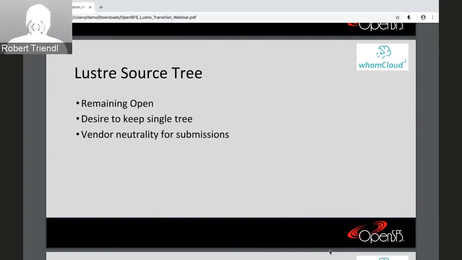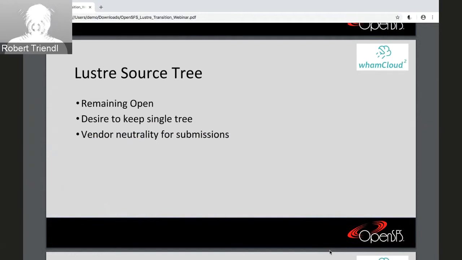A very important point, of course, is around the Lustre source tree. DDN has committed to continue to support this activity. The Lustre source tree, of course, will remain open. There is no other option.